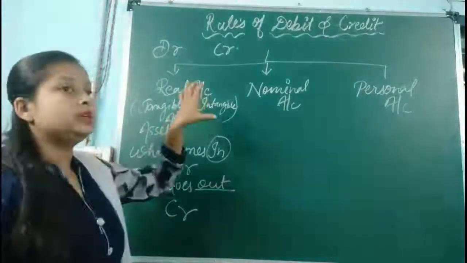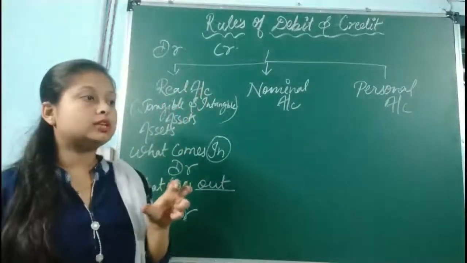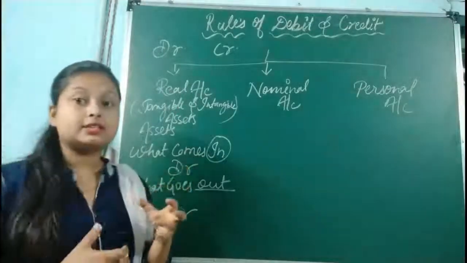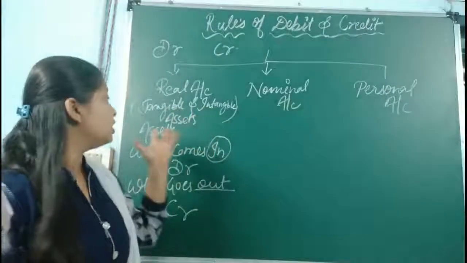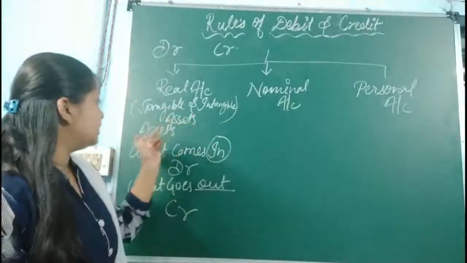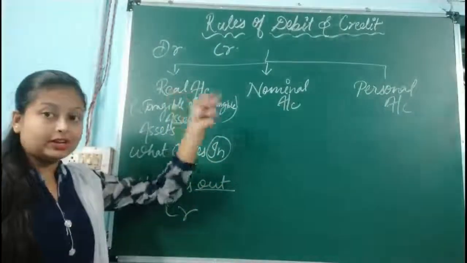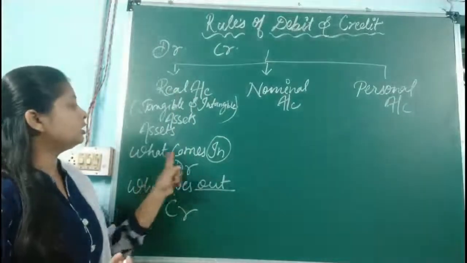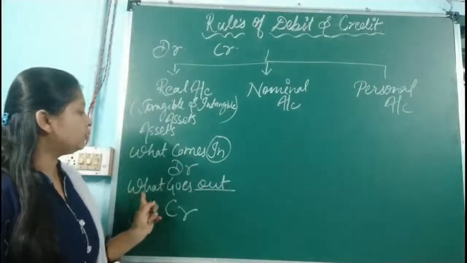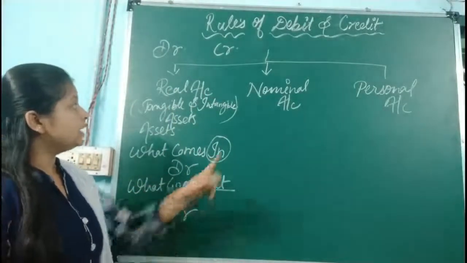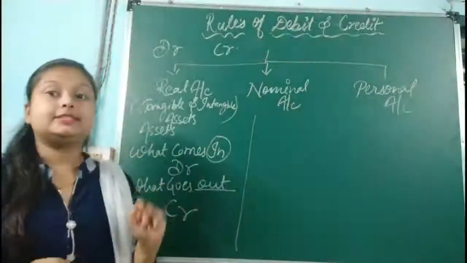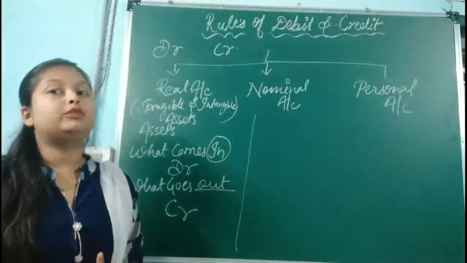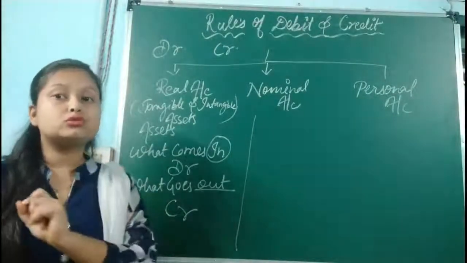Real account means all those things like assets, tangible and intangible, both we are going to include in this real account. And the rule of debit and credit for real account is that what comes in is debited, what goes out is credited. These rules are also called the traditional rules of accounting or golden rules of accounting.